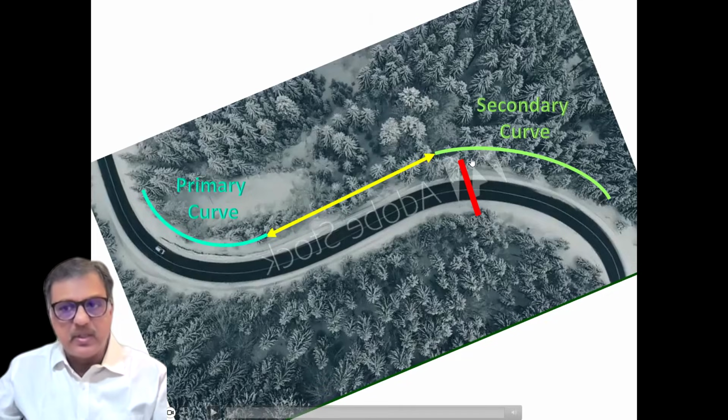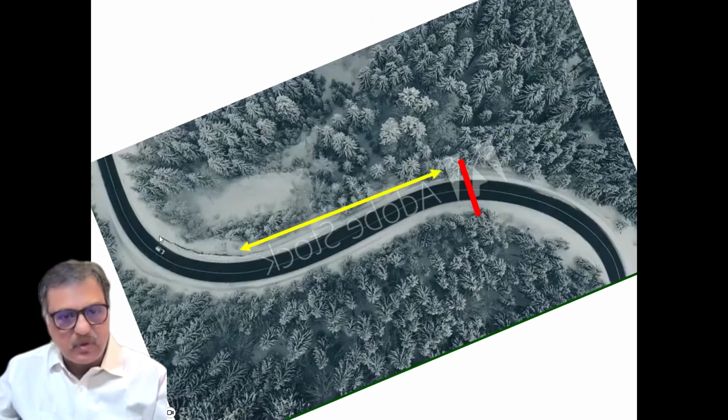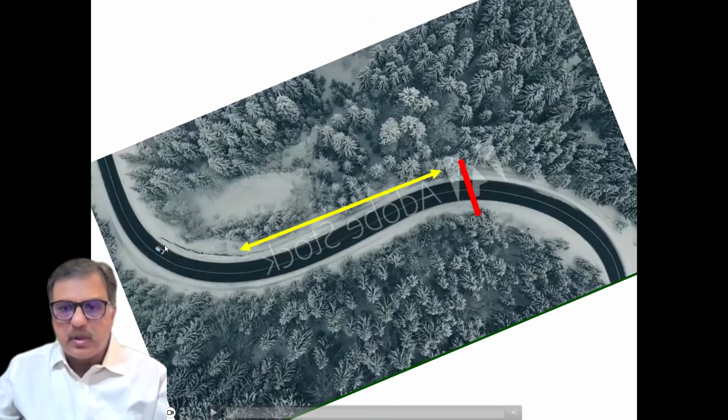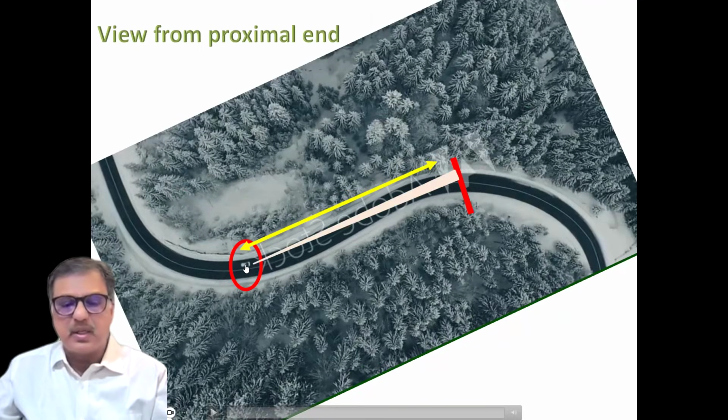So this yellow line joins the two curves, and that's the basic. Fine. If you're traveling in a car from here, and this is the target, you will not be able to see the target until you reach the proximal end of the line. From here, you can see the target.